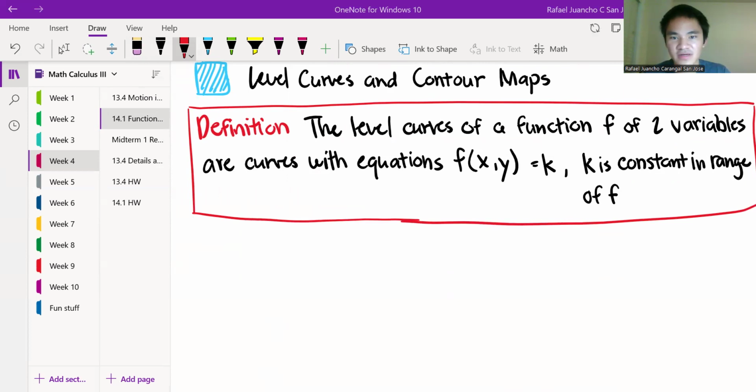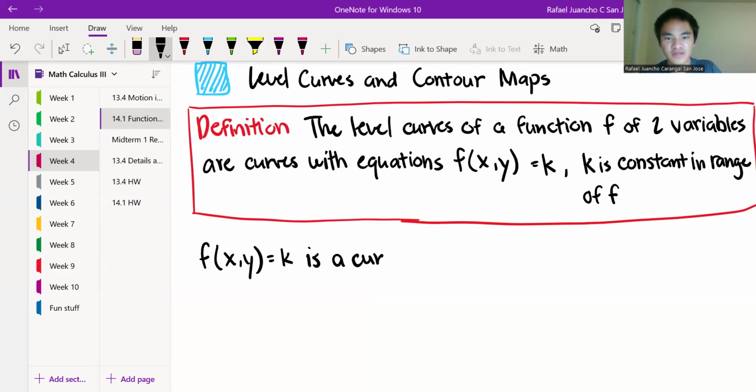So a level curve of f of xy equals k is the set of all points in the domain of f at which f takes on a given value k. Right? So it takes on a given value k. And in other words, it is a curve in the xy plane that shows where the graph of f is at height k, above or below the xy plane. Okay, so basically this thing, f of xy, which outputs k, is a curve in the xy plane.